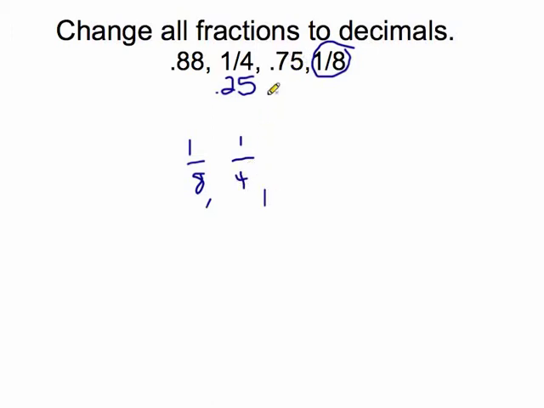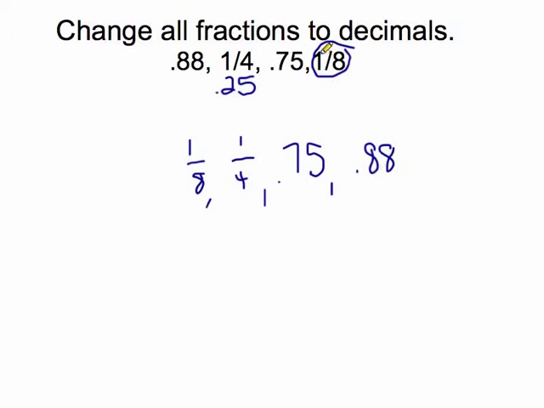Next in line is 0.75, because you know that that's bigger than 0.25, which is 1/4. And last, which is your biggest decimal, would be 88 hundredths. So we have 1/8, which is the least amount, 1/4, 75 hundredths, and 88 hundredths.